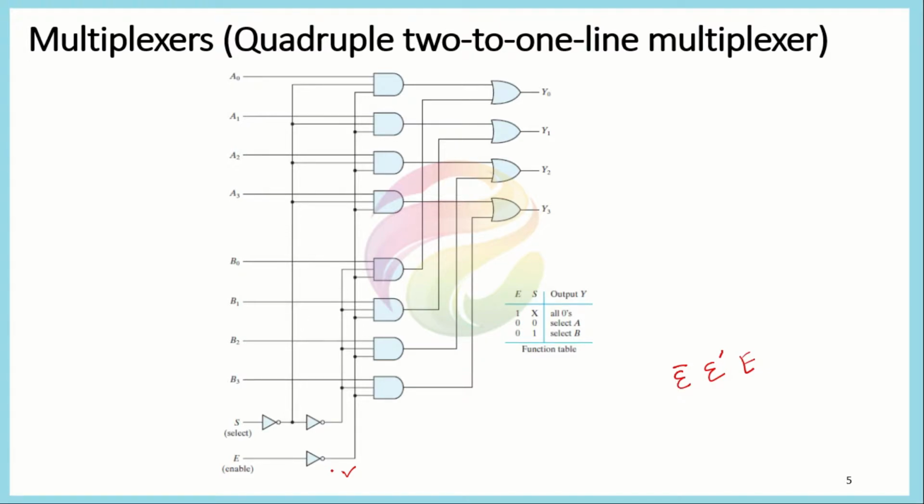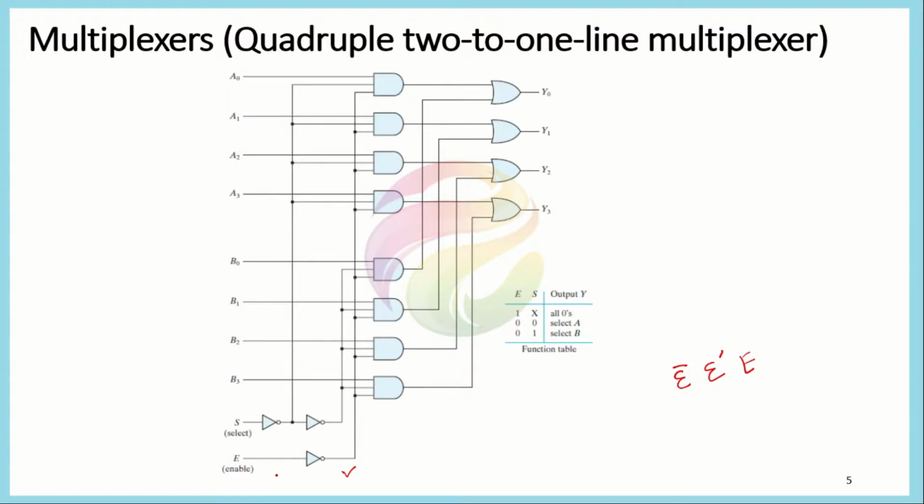Whenever the value of this enable bit is equal to 0, only then this circuit will perform its operation. Whenever its value is equal to 1, then in that case all the outputs would be equal to 0. So to operate this system we have added an input which is known as the enable input. We could add it to any given circuit.